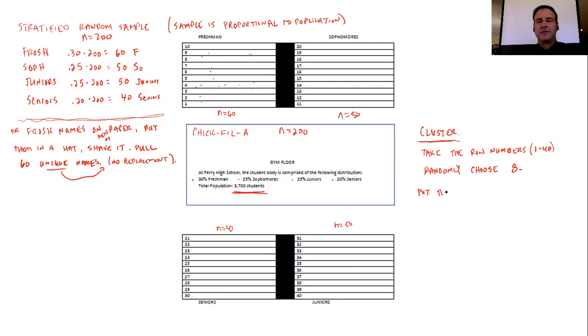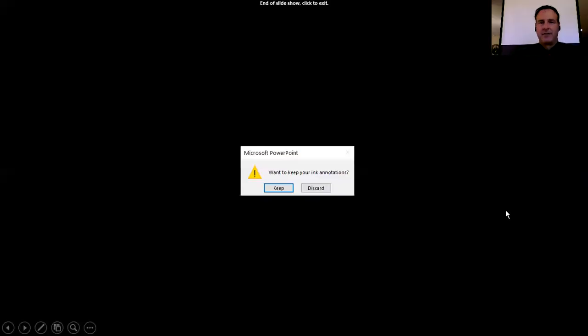That could mean putting the numbers 1 through 40 on small pieces of paper, putting them in a hat, and shaking it. And then pick, oh darn it.